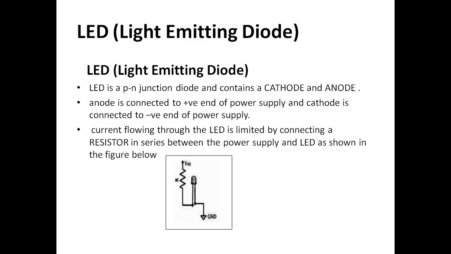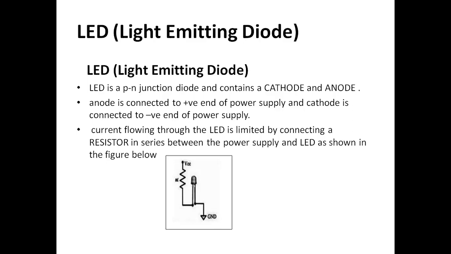It is as shown in the figure. It is a PN junction diode, and it has its own anode and cathode, right? The anode of the LED is connected to the supply voltage, or the positive of the supply, and the cathode is connected to the ground, the negative terminal of the supply voltage.